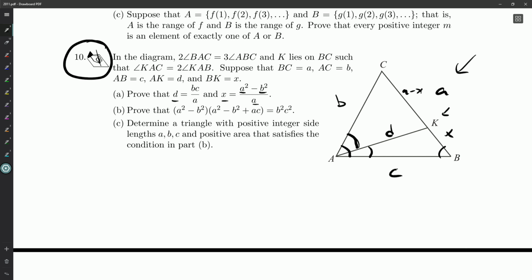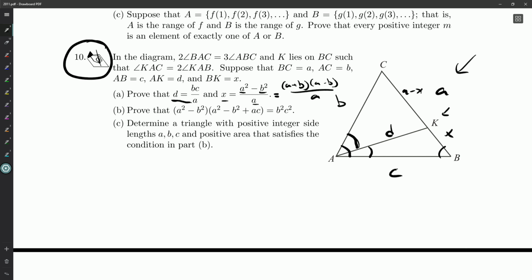Maybe there's a way to do it with similar triangles, but with the squares in there, I definitely feel like we might be looking at a difference of squares. If I write that as A plus B times A minus B over A, that's a product of two things on top over an A, and that's what we have to show with the first one, and I thought that might be similar triangles.